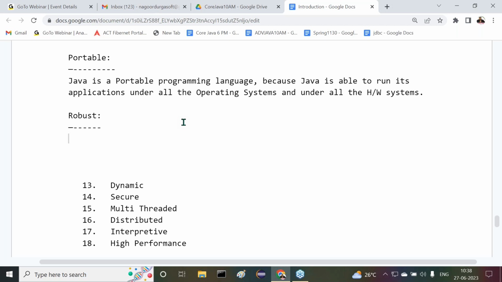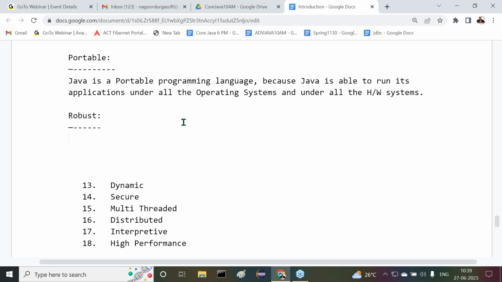Simple generalization. If any programming language is very good at memory management and very good at exception handling mechanisms, then that programming language is a robust programming language. Java is a robust programming language, I'm telling.